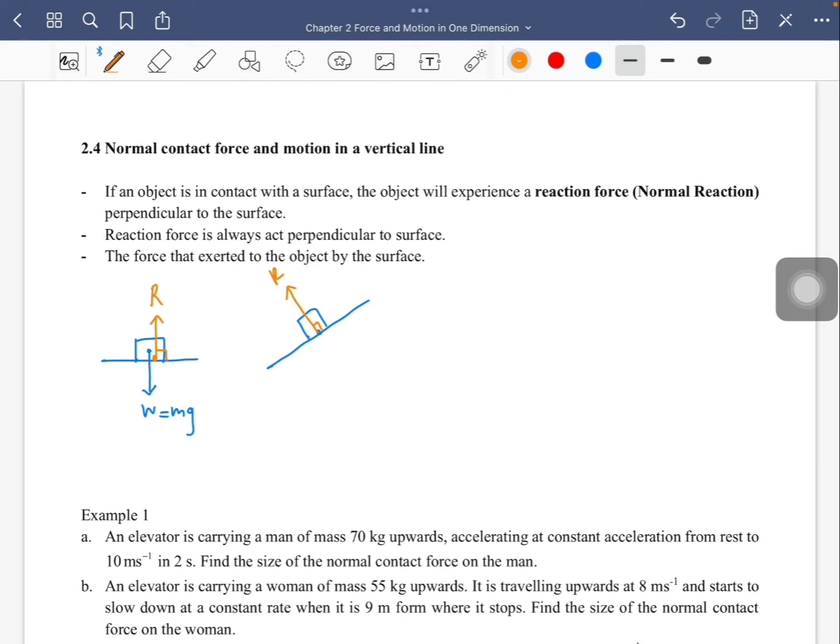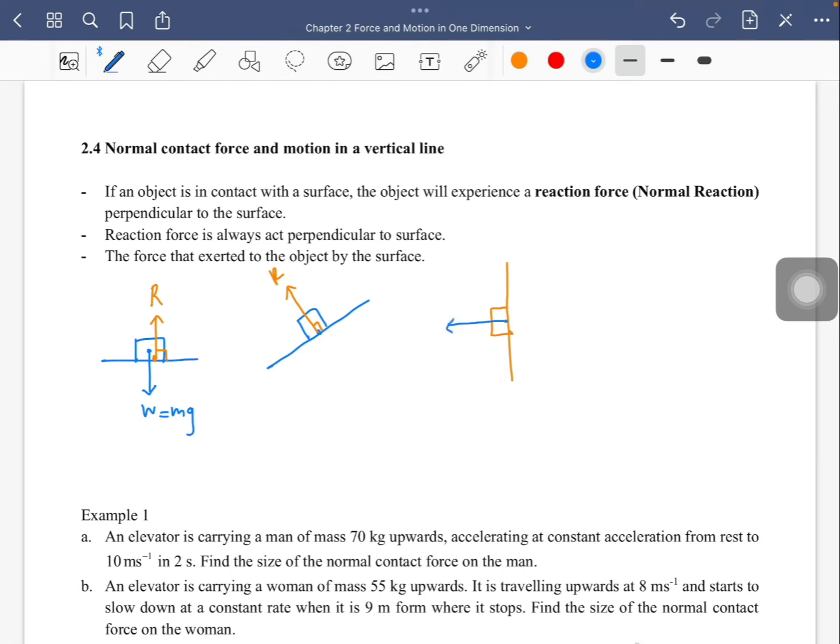Alright, let's say we have another case, for example, a vertical surface wall. We have a vertical wall and there is an object attached to it, so that means there is a contact between the surface of the object and the surface of the wall. So the normal reaction force we draw for this case will be to the left.